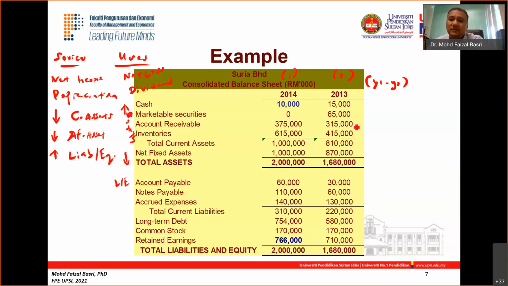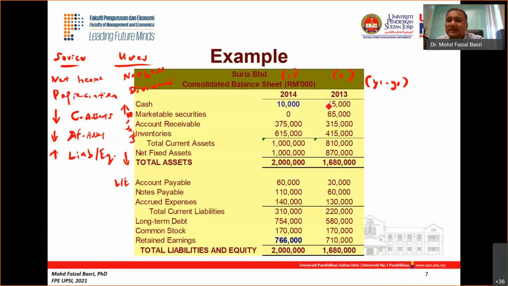So we're going to do it for all items. Even though there are some exclusions, for the sake of our calculations we're going to do it for all. For example, cash: 10,000. Even though it's actually 10 million here, we're going to exclude the thousands, so we just use these figures.